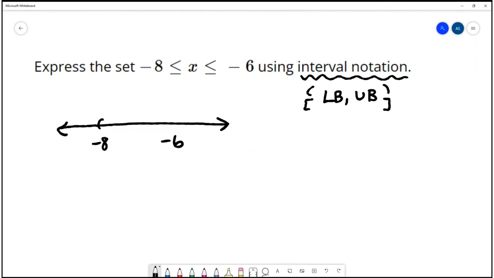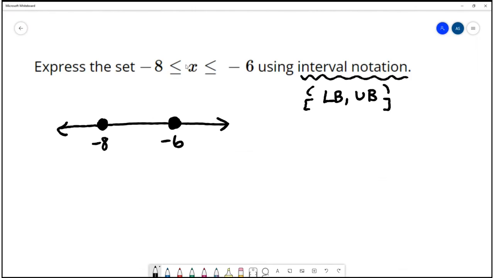I'm going to mark both of these on the number line with filled in circles. And a filled in circle indicates that that is part of the set. And I know that these numbers are part of the set because I have an equal to next to that number and an equal to next to that number.